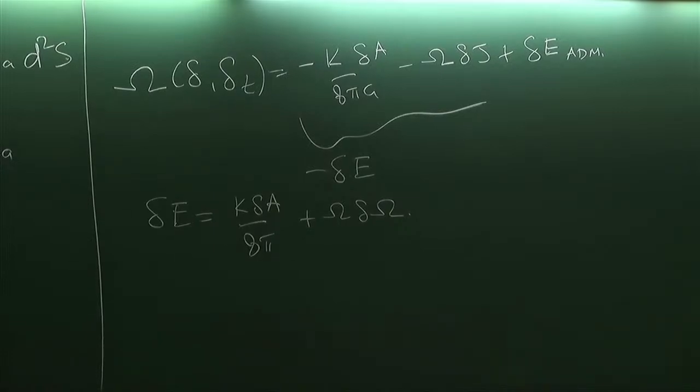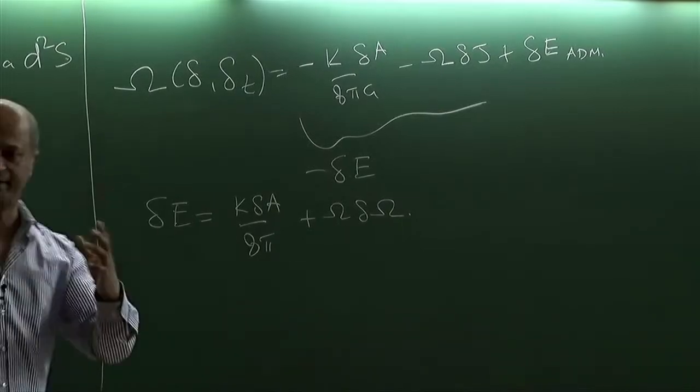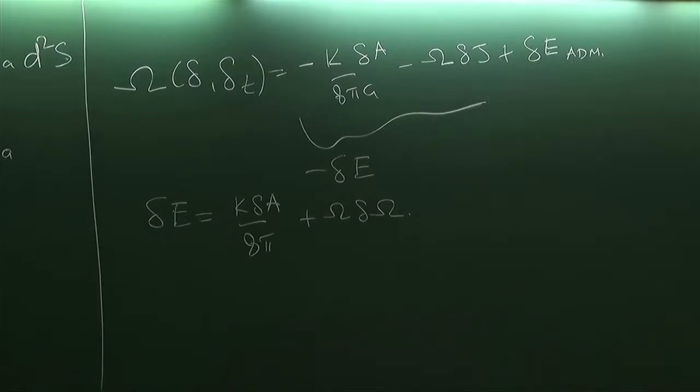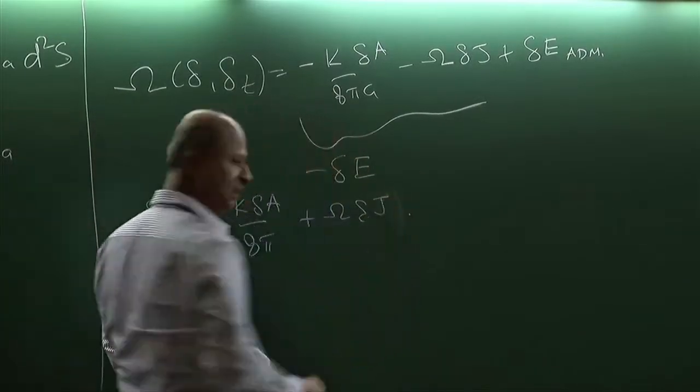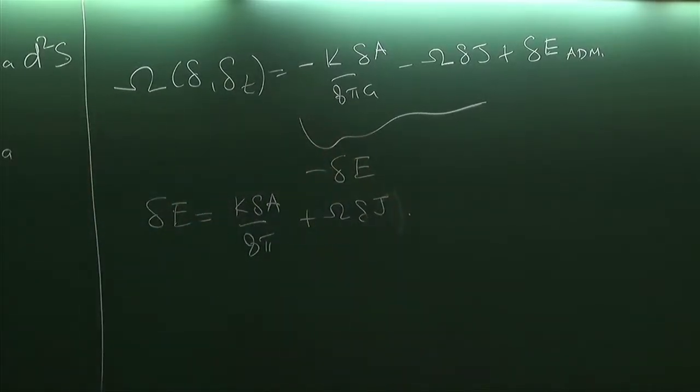But now remember that, in the whole phase space that we're looking at, there are many horizons with different areas, with different angular momenta and everything, right? So A and J are just two of the coordinates in your phase space. There are many, many other coordinates in phase space, an infinite dimensional space, right?